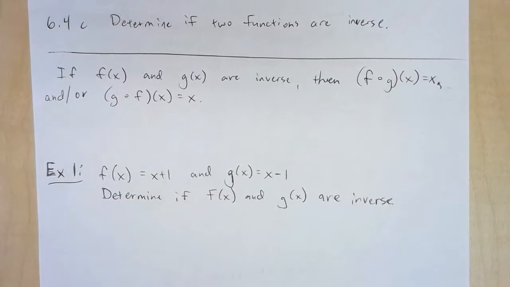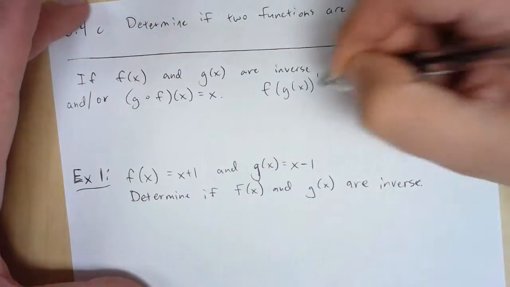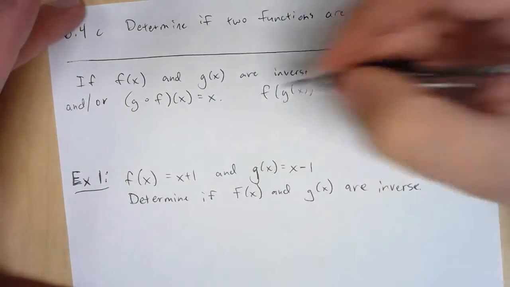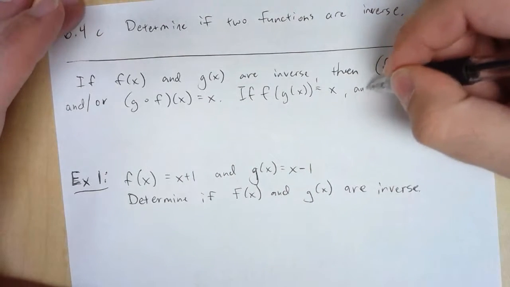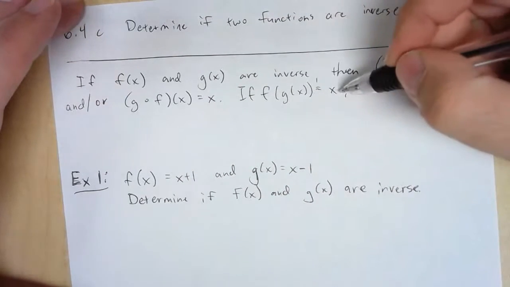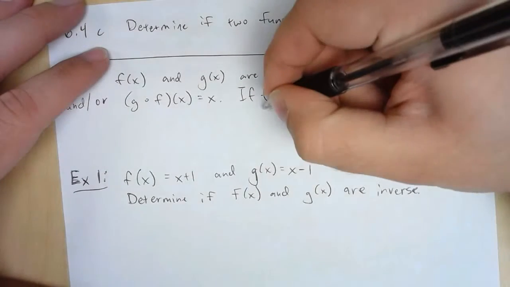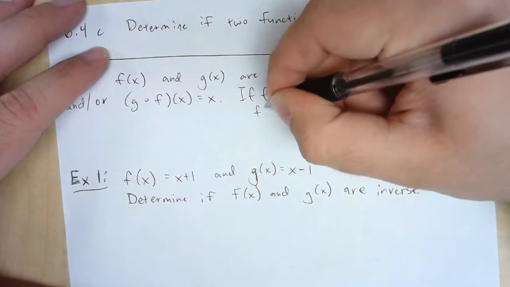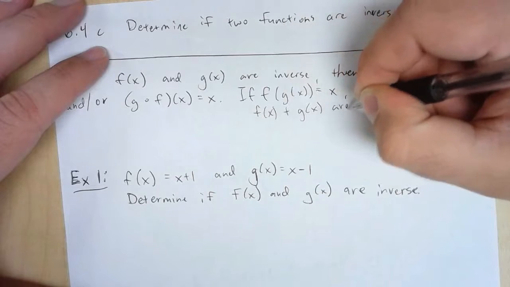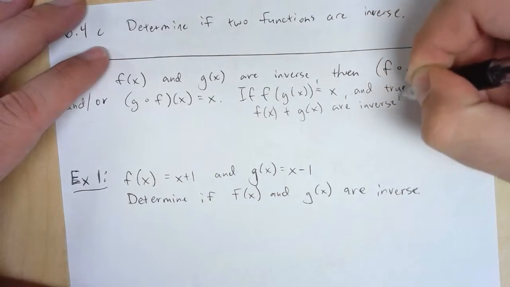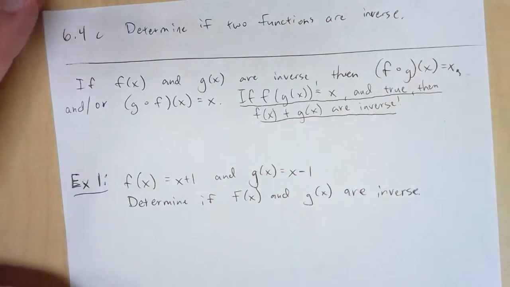Which says that if you find f of g of x and test this, and it equals x, which means that when you do this you get just x as your result, then f of x and g of x are inverse, which is what we want. So we can use this fact to test whether things are inverse or not.